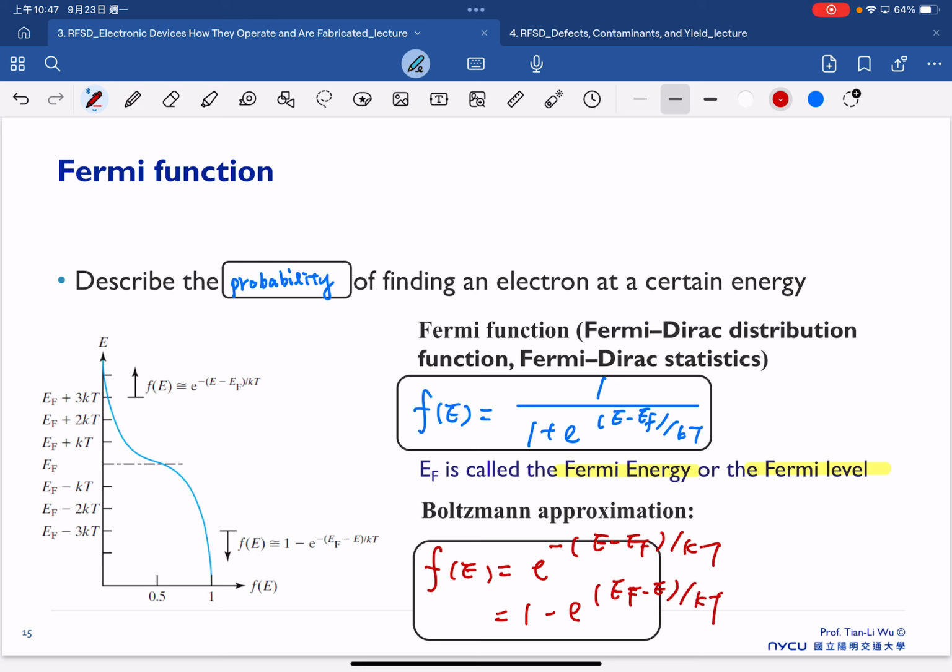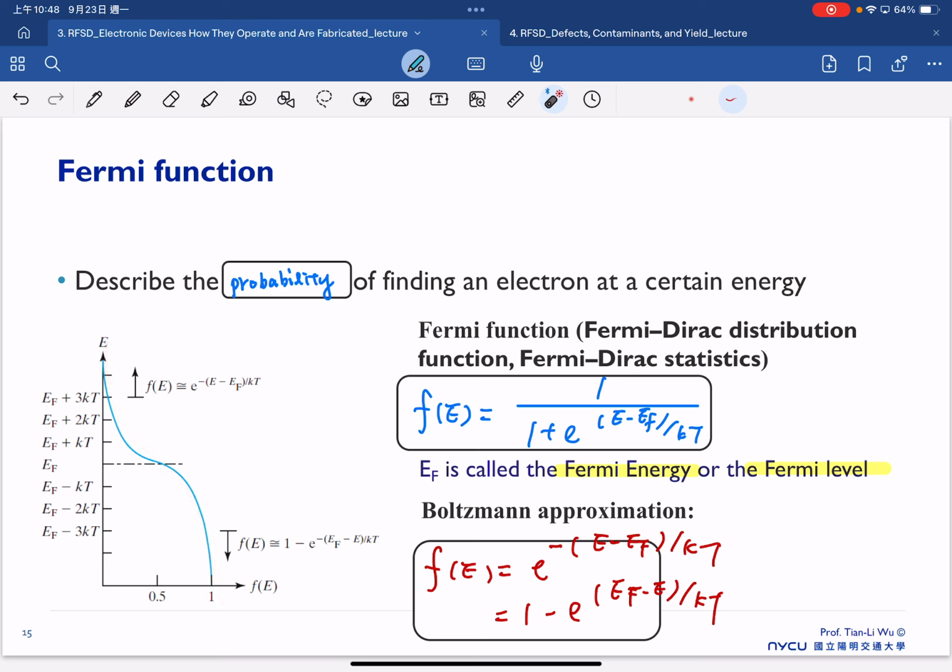If we try to plot the Fermi function inside our energy band diagram, it would look like this.